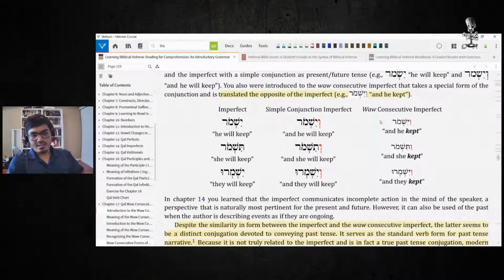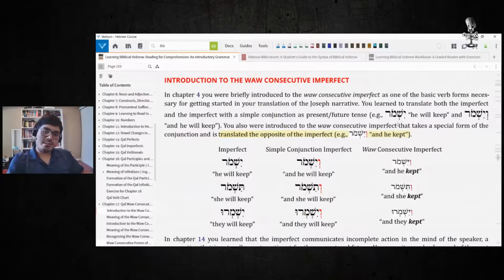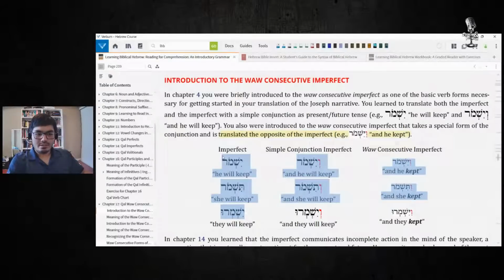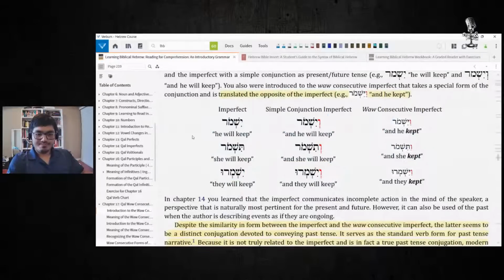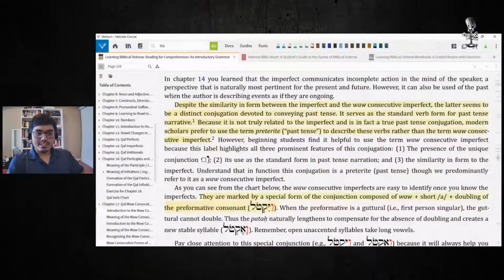This can be a little bit disorienting for people encountering it for the first time. It essentially is translated the opposite of an actual imperfect verb here. And as the textbook explains it, despite the similarity in form between the imperfect and the vav consecutive imperfect, the latter seems to be a distinct conjugation devoted to conveying past tense.